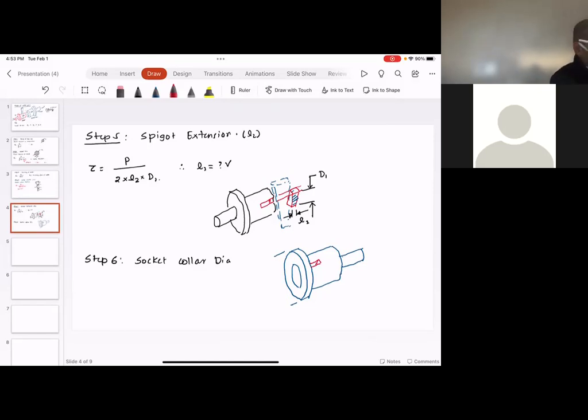And this is an interesting failure. Visualize that you have the socket, the spigot, and the quarter, and both the rods on either side, socket and spigot, are pulled. There is a possibility that the quarter may crush into the socket collar. This diameter, I'm going to call D4.